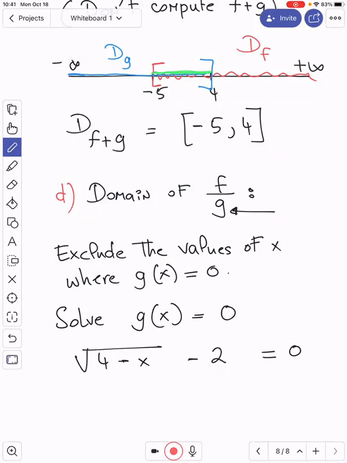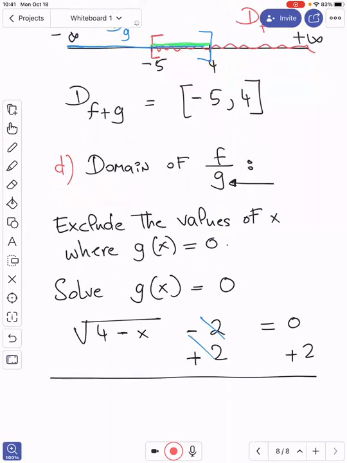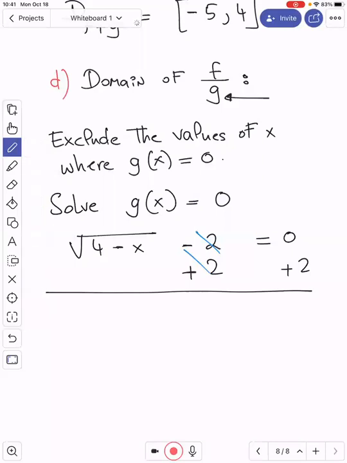All right, the way to solve this, well, you cannot really touch the square root. We need first to get rid of this -2, so we're going to add +2. Then this is equal to the square root of 4 minus x equals 2.